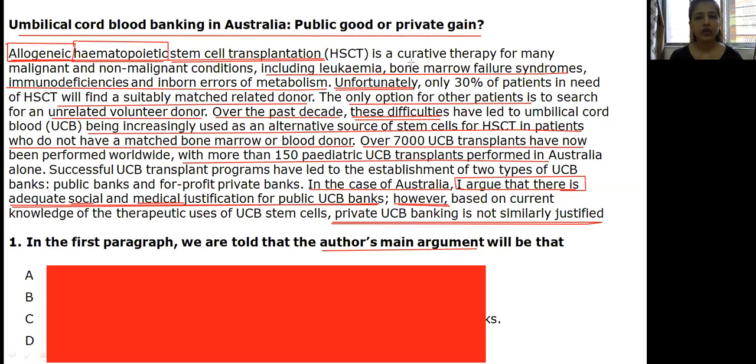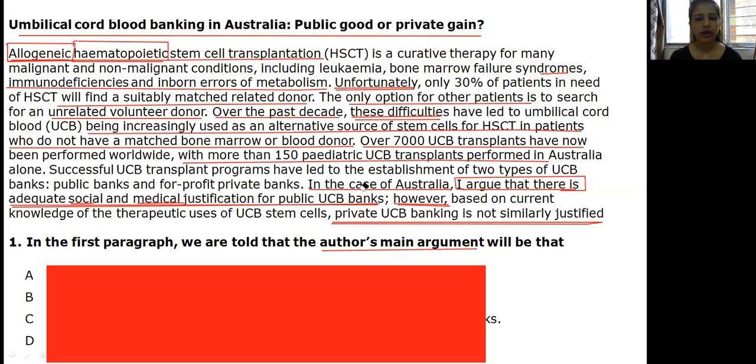So whenever you have to identify a writer's viewpoint or opinion, you look at the arguments that the writer has made, and you think about whether the arguments are in favor of something or against something.